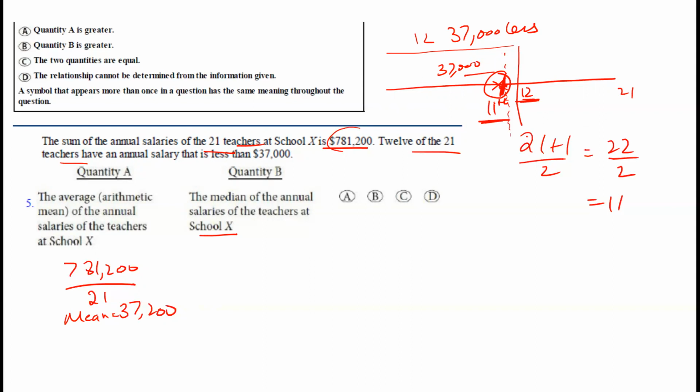So the median is a number that is less than 37,000. So quantity A, that is 37,200, is greater than 37,000. Hence, quantity A is greater than quantity B.